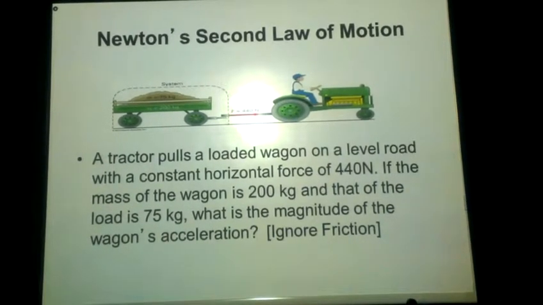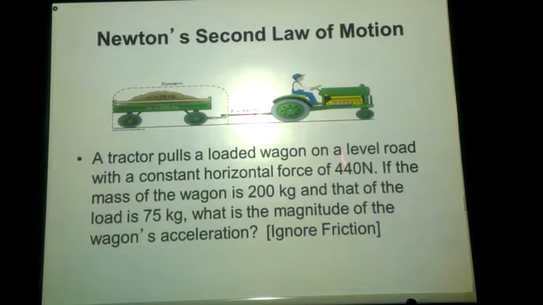Ultimately, I know that this is just a Newton's second law question. I have a force, and this force is 440 newtons. They tell me that. And that 440 newtons is pulling the 200 kilogram wagon plus the 75 kilogram load that's in the wagon. And I want to know what the acceleration is. So the net force is equal to mass times acceleration.